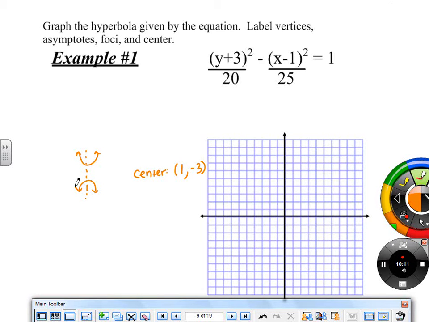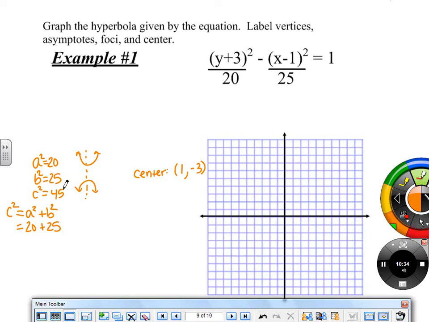So I have my center at (1, -3). From the numbers that are up there, a squared is 20, b squared is 25, and that means that c squared, which is going to equal a squared plus b squared, is going to be 20 plus 25, so c squared is going to be 45.